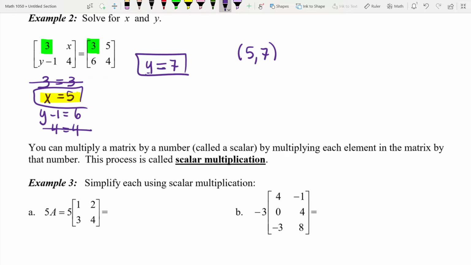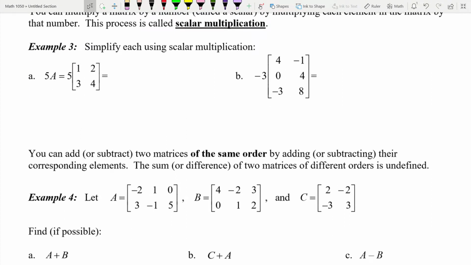If you do, I think they'll give you credit, but you're not supposed to. You write it as an ordered pair when it's given to you as an equation, as a system of equations. This was not given as a system of equations, it was given as matrices, so it would not make sense to write it as an ordered pair.